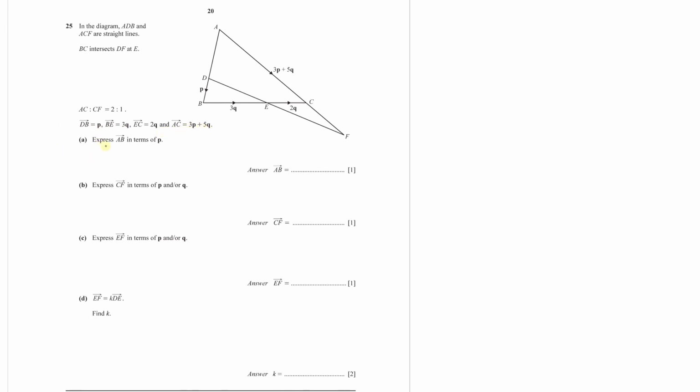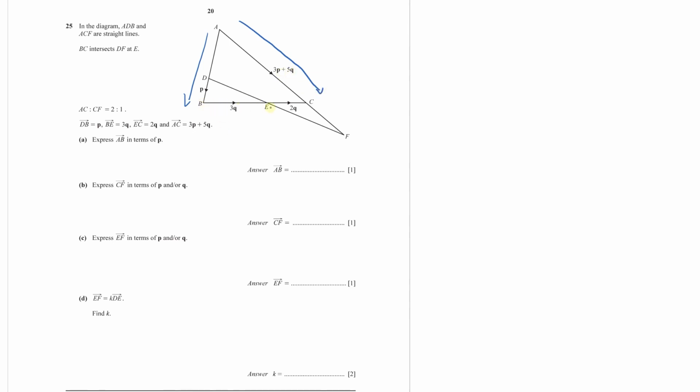So part A is express AB in terms of P. So AB is this vector here. We are not given any information about this AD, but we know this vector here, AC, which is 3p plus 5q.